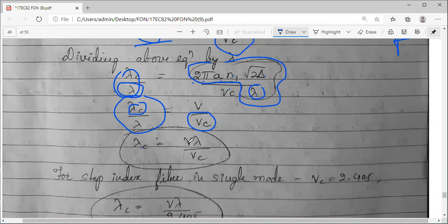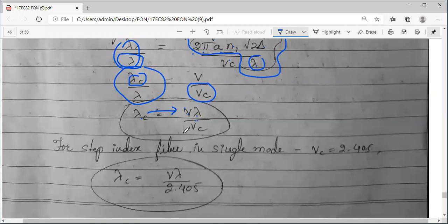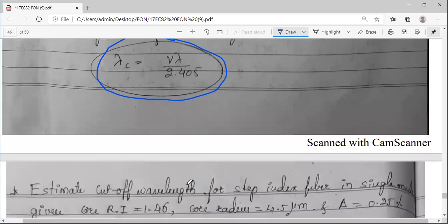Cutoff wavelength is equal to V lambda by VC. There is a direct relationship, but V and VC are also included in the equation. And if you take VC for step index single mode operation, 2.405 or approximately 2.4, you can substitute, and cutoff wavelength is V lambda by 2.405. This is the equation.